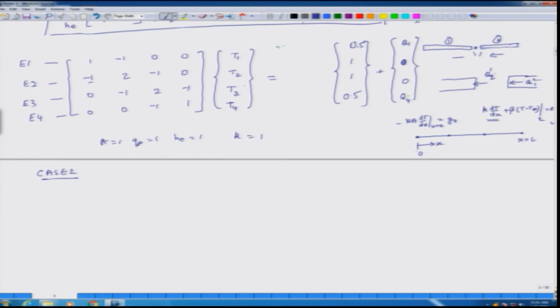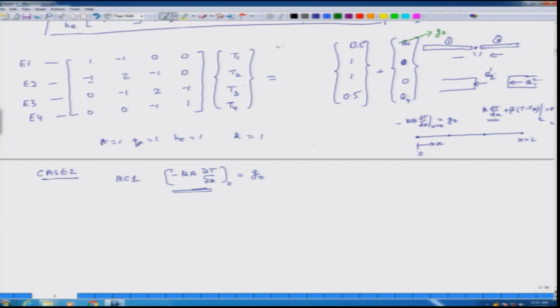So, these equations are still valid. Okay. So, BC1 is minus K A del T over del x at 0 equals G naught, and we know that the definition of Q1 is this thing. So, this term becomes G naught.